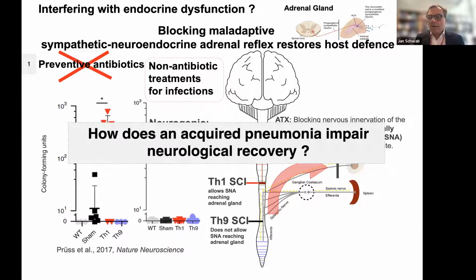Another way to learn more about this is, of course, to ask why there should be impaired recovery in the clinic. How does this work? How does the injured spinal cord know about the pneumonia?